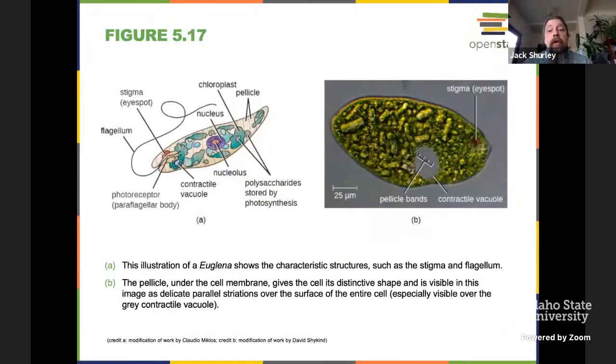So Euglena, the Euglena itself, not something that we really think about, at least in introductory microbiology, because these things are not something that we think of as disease causing. They're definitely talked about in biology, and we use them to describe a little bit here.